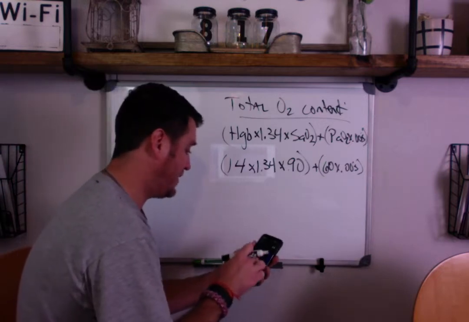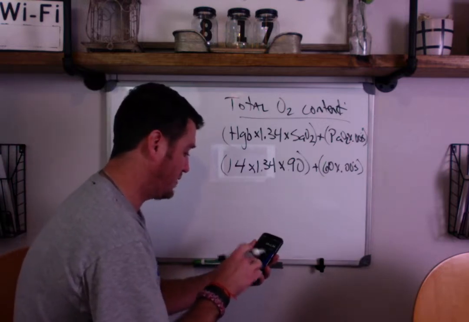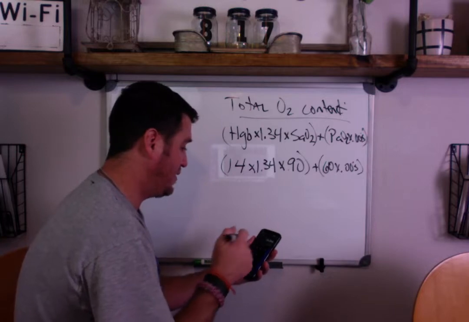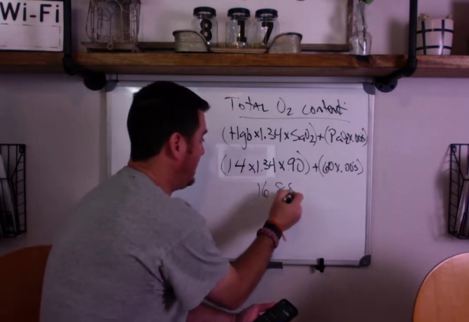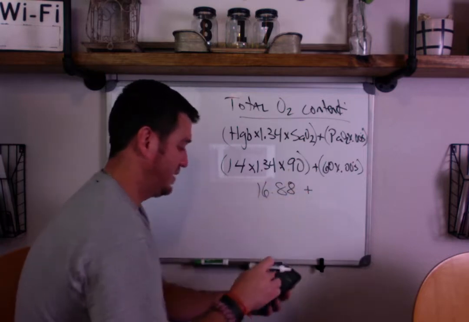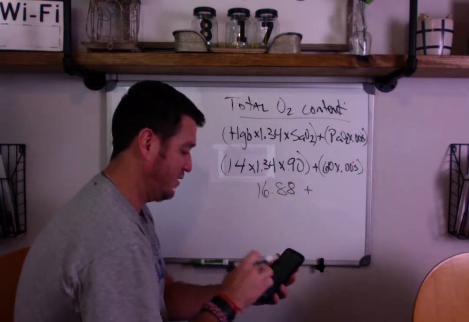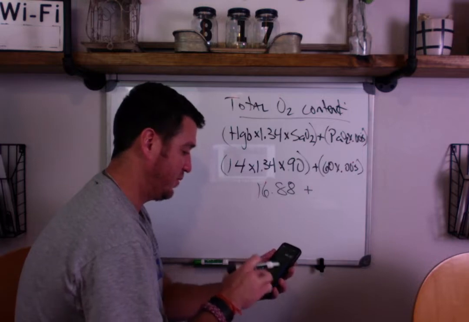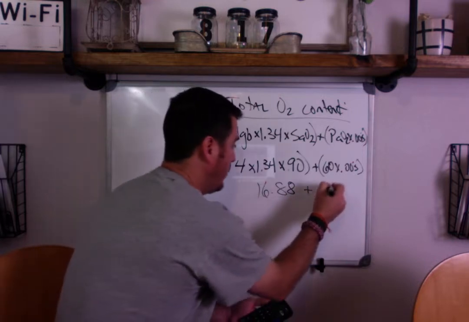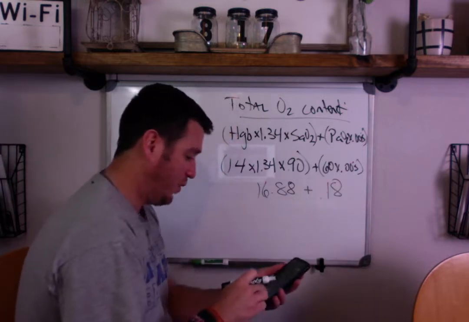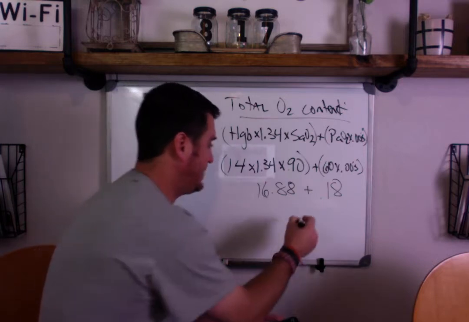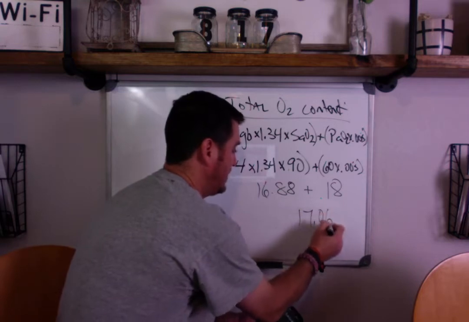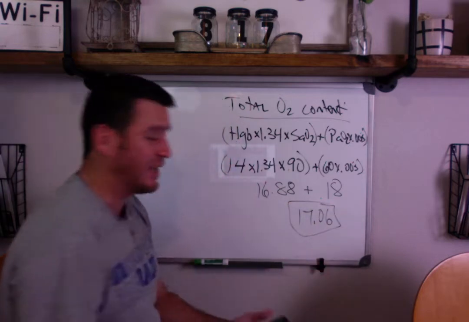Now, we prove this with this formula right here. Here, I say 14 times 1.34 times 0.9 equals 16.88. Plus, clear that, 60 times 0.003 equals 0.18. When I do 0.18 plus 16.88, I see that my total O2 content is 17.06.